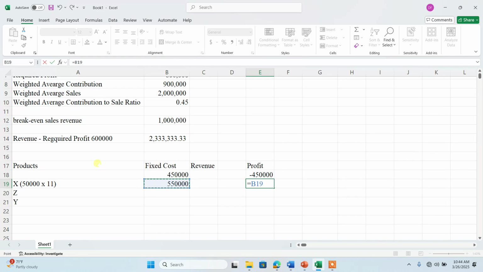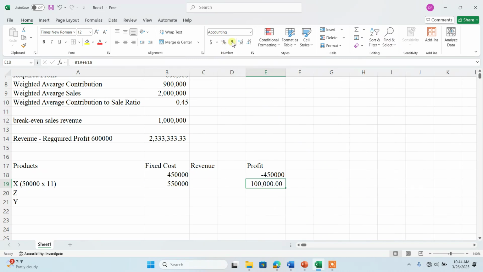If I want to find out the cumulative, deduct the fixed cost. So 5,50,000 minus 4,50,000. If I sold all of the 50,000 units of the X, my profit will now be 100,000.